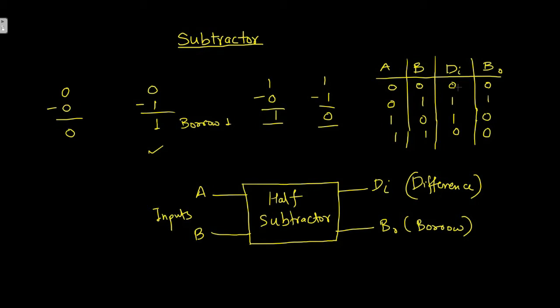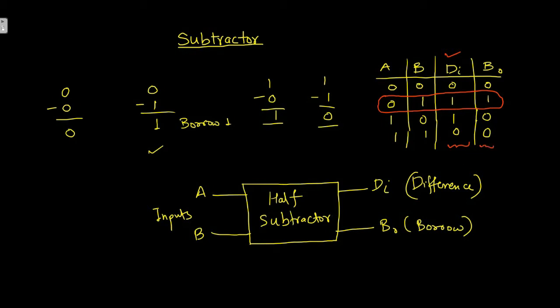Now as we have seen, in case of 0 1, the subtractor gives 1 and borrow is 1. Now as we see here, the difference is an XOR operation, 0 1 1 0.